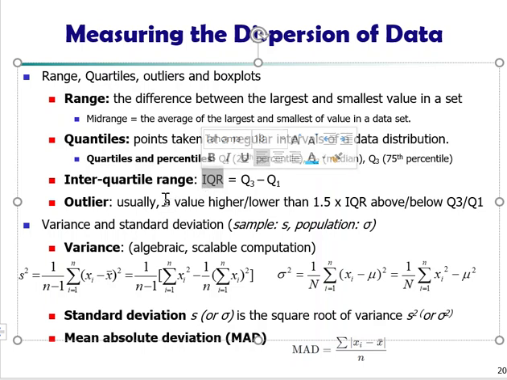So in statistics, typically a value that is higher or lower than 1.5 times the interquartile range above Q3 or below Q1 is considered an outlier.